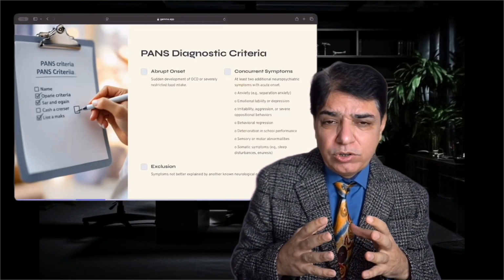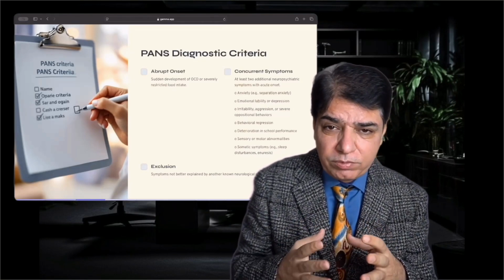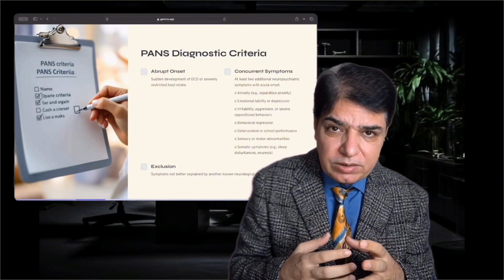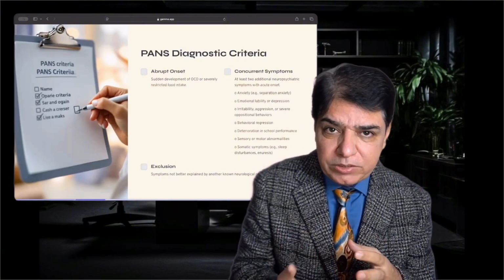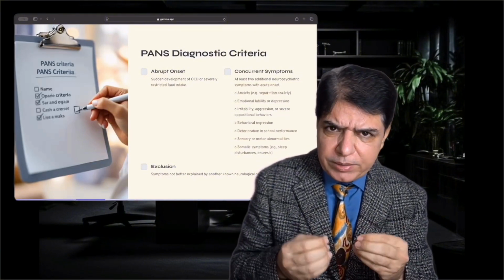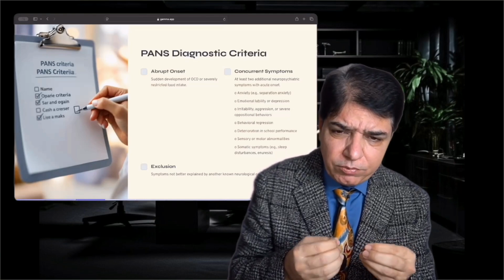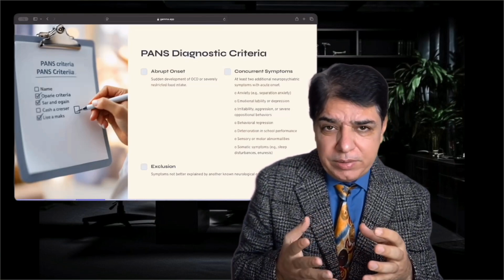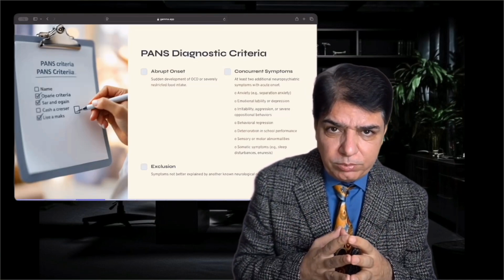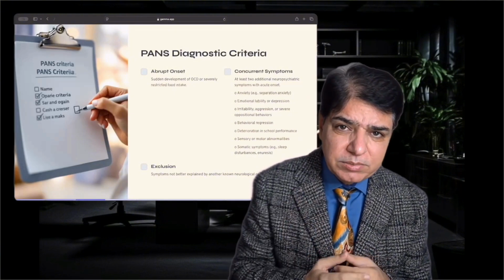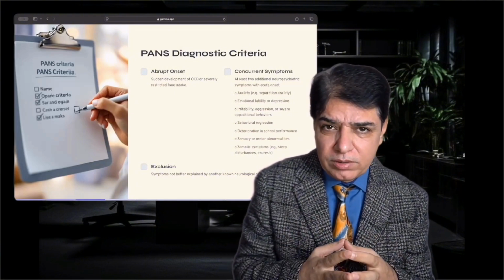They might even go into behavioral regression, like all of a sudden losing their speech and going into what we call baby speech or babbling. There might be an element of deterioration in academic performance at school. There might be association of sensory or motor abnormalities, or they might develop somatic symptoms like sleep disturbances or bedwetting.